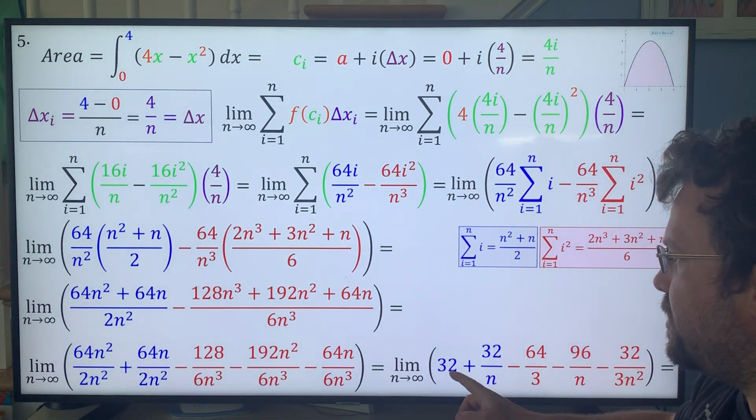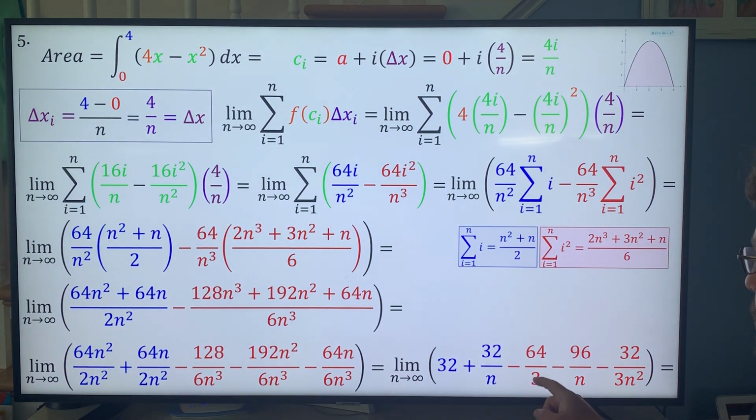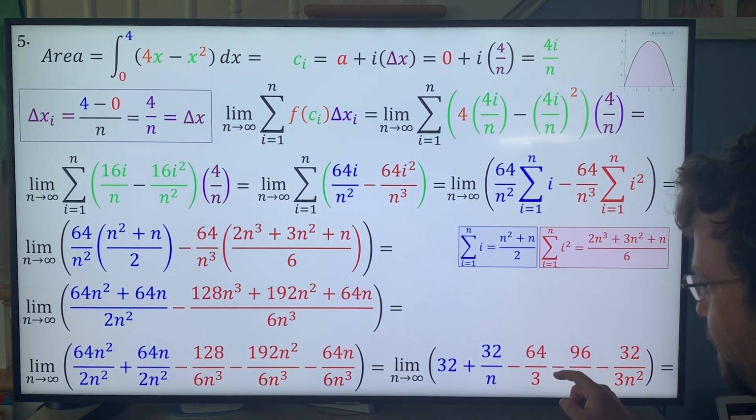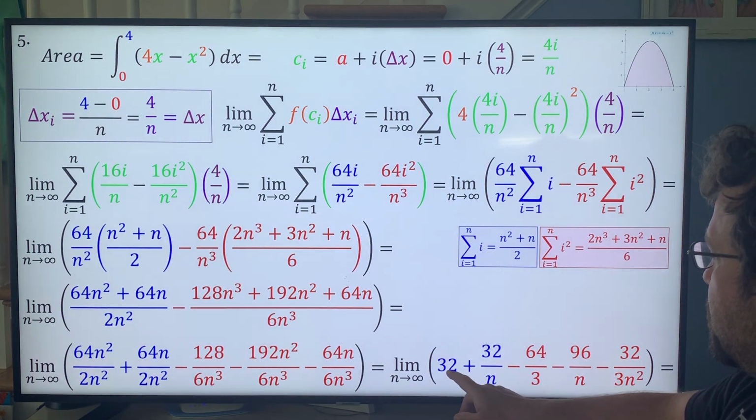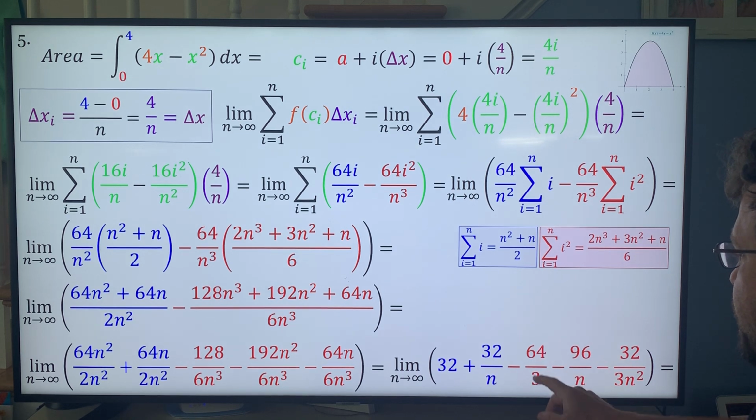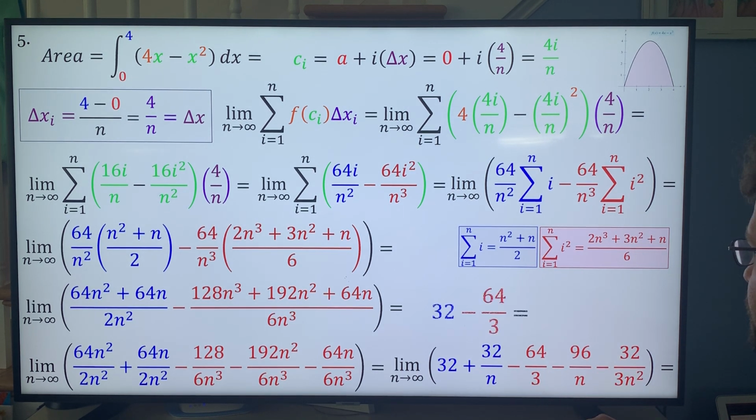You're left with 32 plus 32 over n, minus 64 over 3, right? Now all these n's, because I'm approaching infinity, become what? 0. So you're left with 32, 0, 64 over 3, 0, 0. 32 minus 64 over 3 is like 32 minus 21.3, which is 32 over 3, or about 10.7, 10.6 repeated.